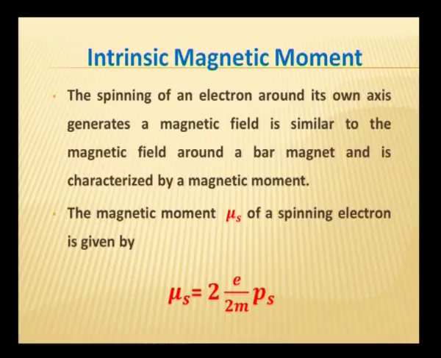So, the intrinsic magnetic moment. What is the intrinsic magnetic moment? The electron has a spin which is equal to half. It is called an intrinsic angular momentum. Whenever we are talking about electron, let us not go into the origin. There are experiments like the Stern and Gerlach experiment.